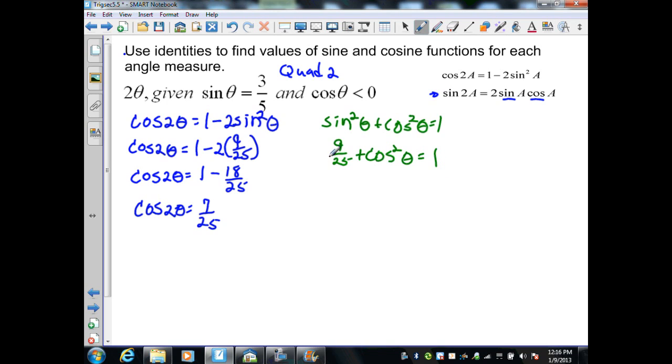Subtract 9/25 from both sides. I get cosine squared theta equals 1 minus 9/25, and that gives me 25 over 25 minus 9/25, which is going to give me 16/25. Therefore, I know that cosine theta, when I take the square root of both sides, is going to be plus or minus 4/5. But I am in quadrant 2, and I know cosine is negative, therefore I'm going to use a negative 4/5.